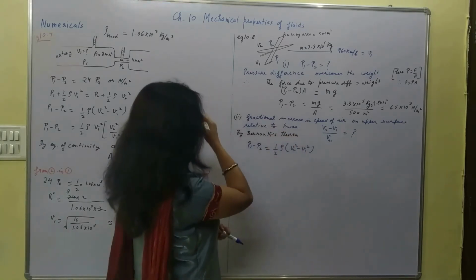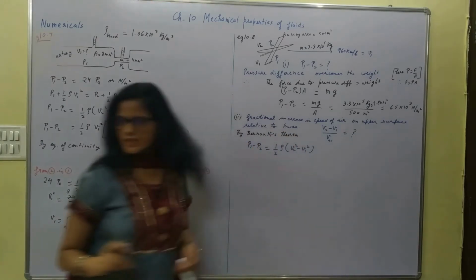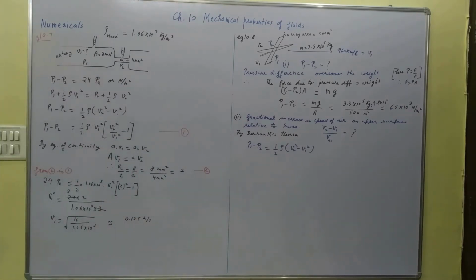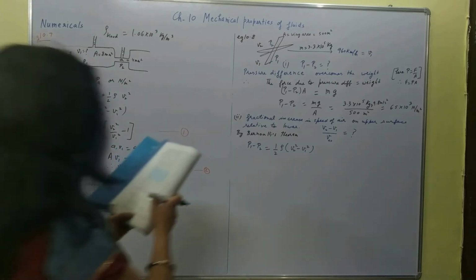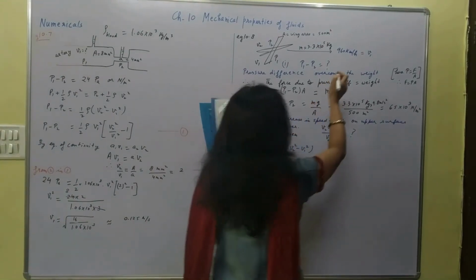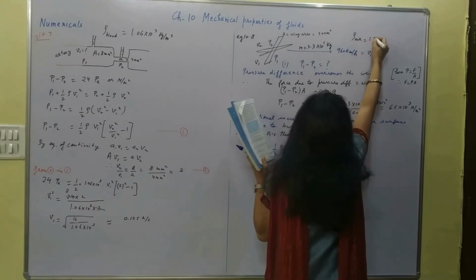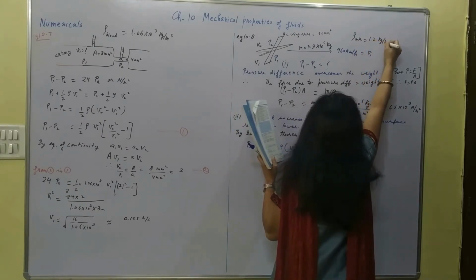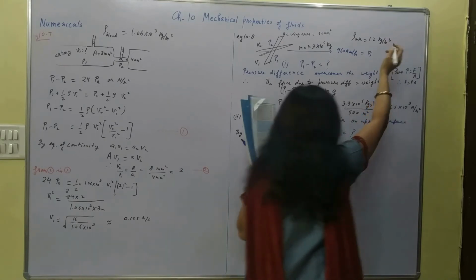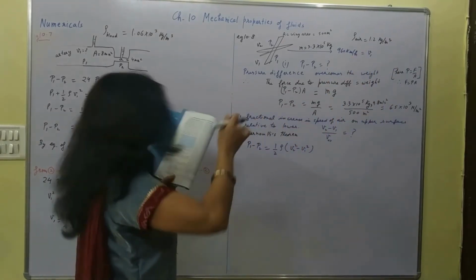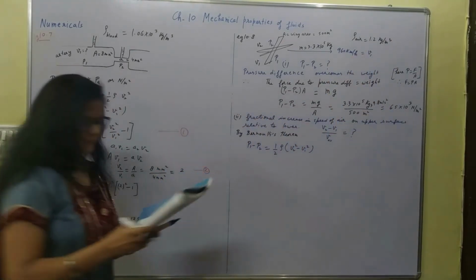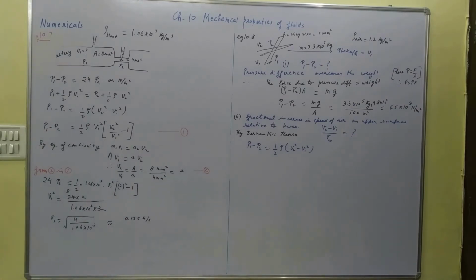So rho is the density of the air. I think the value of rho is given in the question. It is given as 1.2 kg per meter cube.